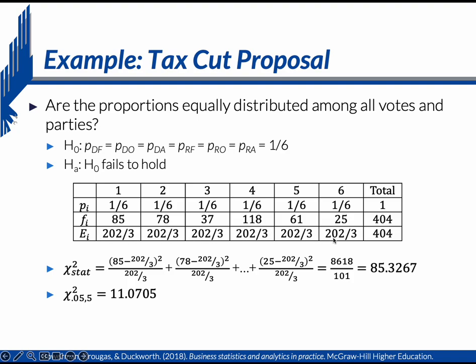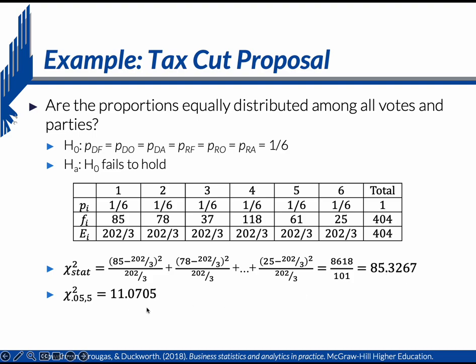And we use these values now to compute the test statistic. So that's (85 minus 202/3) squared over 202/3. And then do that also for the 5 other groups and then get the sum, and we will get a test statistic of 85.3267.